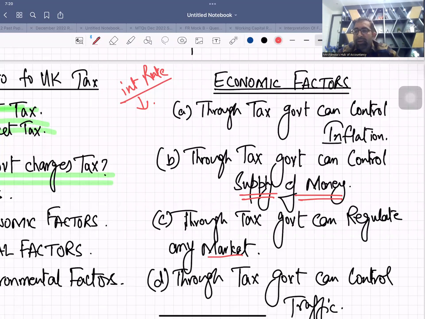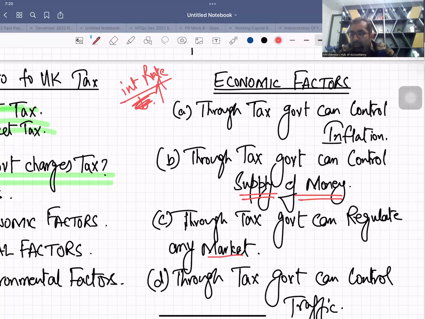So now what government does, government increases the interest rate. Whenever government increases the interest rate, the cost of borrowing is high, so people run away from taking loans. So now there is less money supply in the market, and automatically inflation will be controlled. This is how economics works, right?